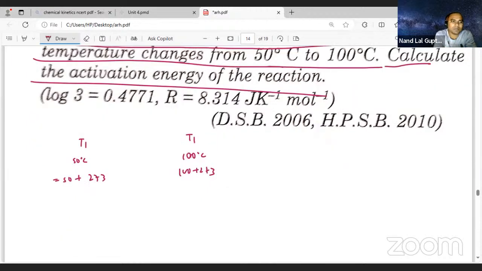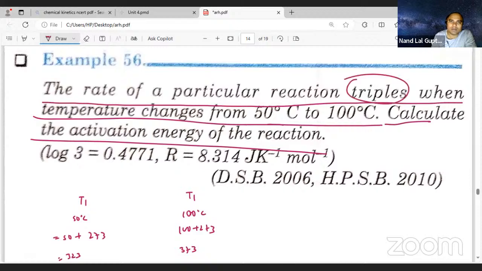So how much is coming, student? 50 plus 273 is 323. Here it is 373. And they are saying that it is triple, student.